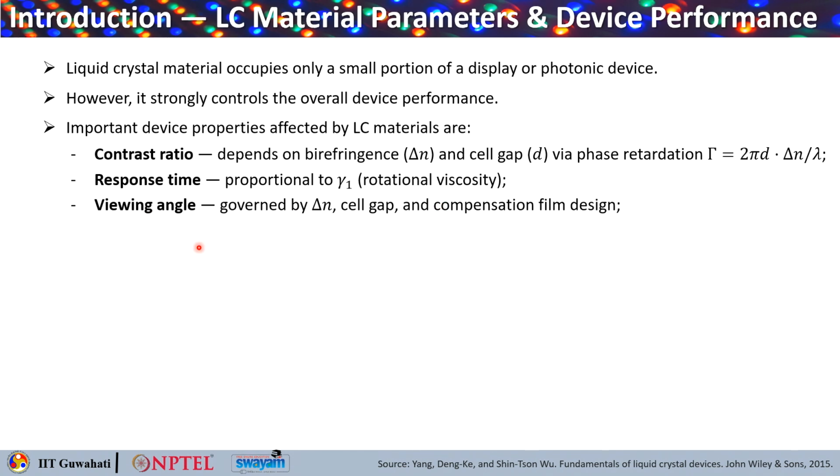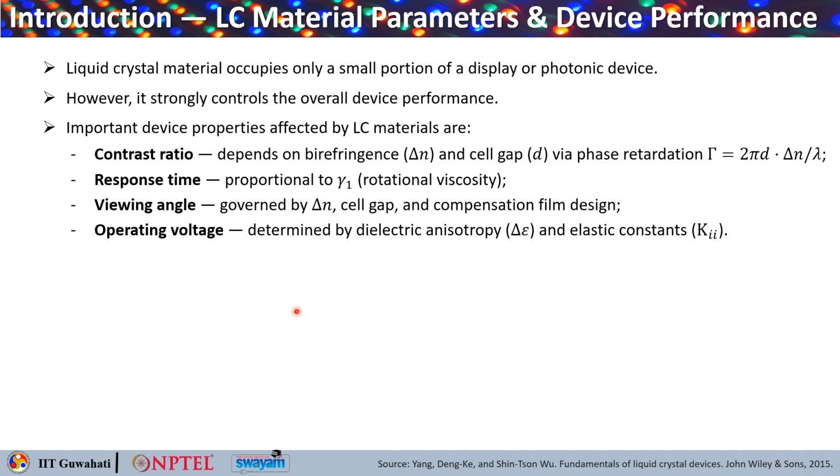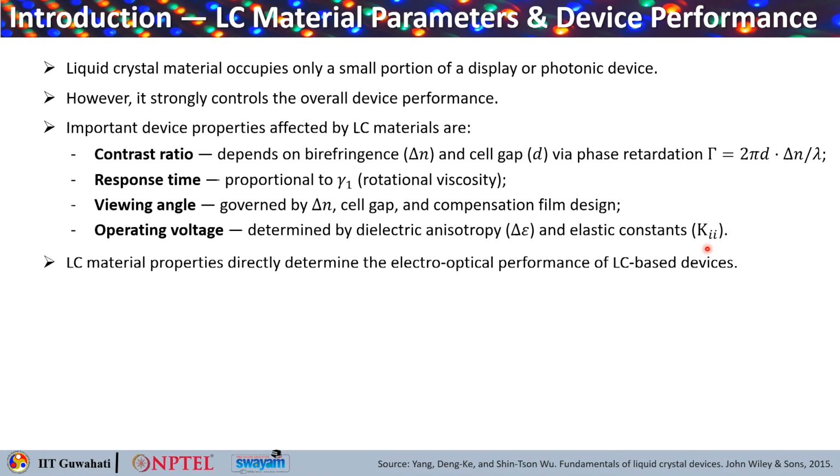And the third one is the viewing angle, which is governed by delta n, cell gap and the compensation film design. And finally, the operating voltage, which is determined by the dielectric anisotropy delta epsilon and also the elastic constant, that is K11. Okay, so K11, K22, K33, those are the elastic constants that we discussed earlier.